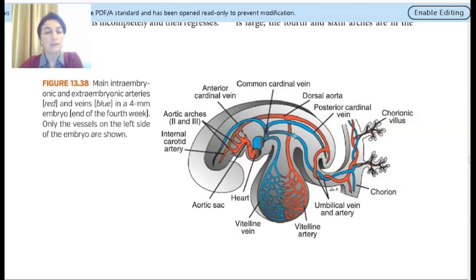Then these vitelline arteries will develop into the celiac and superior mesenteric. And we have also umbilical arteries that will develop into the inferior mesenteric arteries. All of these arteries, celiac, superior mesenteric and inferior mesenteric, will supply the gut: foregut, midgut and the hindgut.